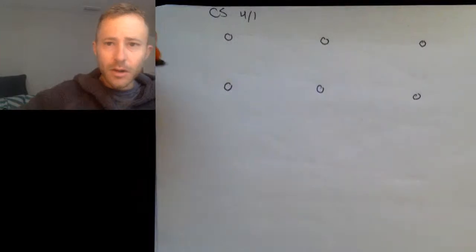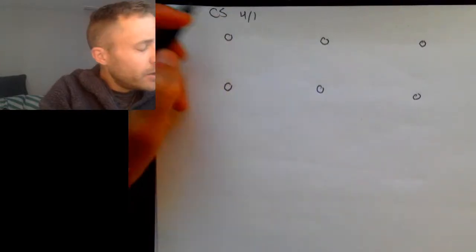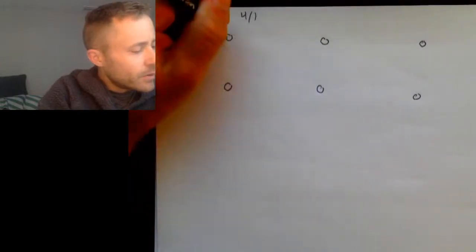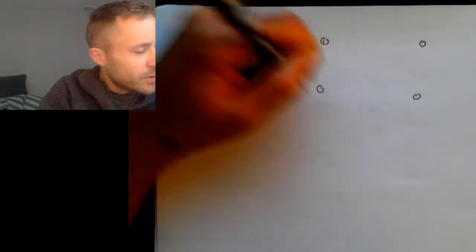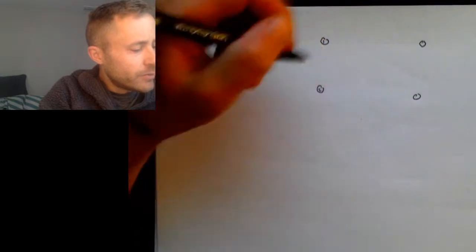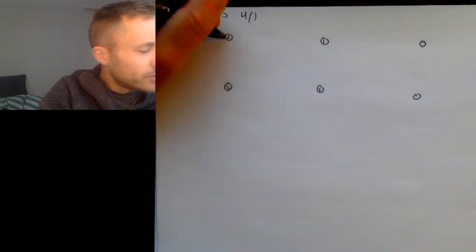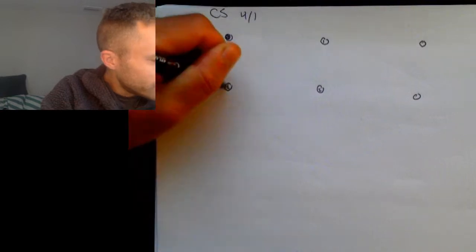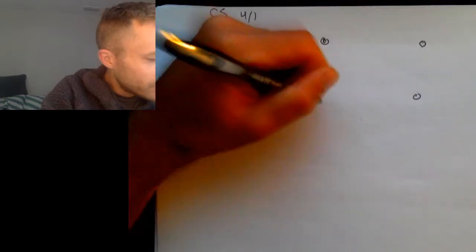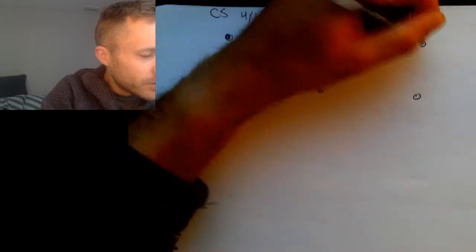And each layer has only 2 neurons. Okay, so I'll call this 0 and I'll call this 1, 0, 1, 0, and 1.